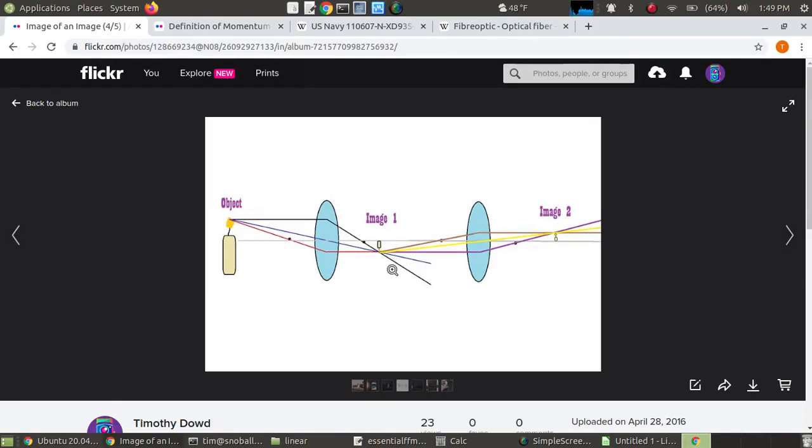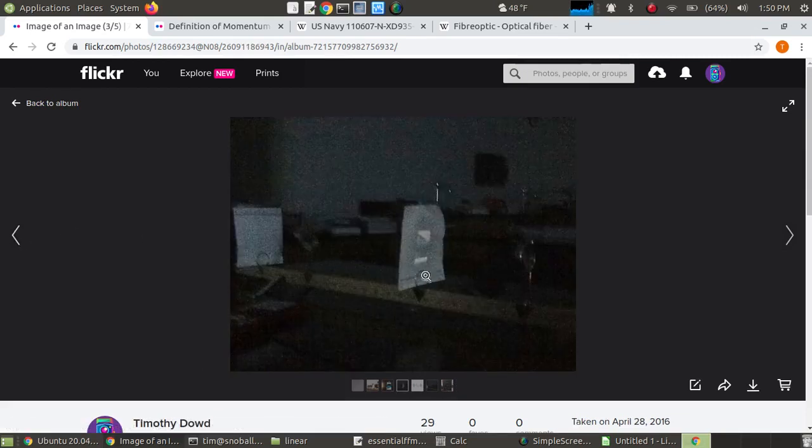This picture I think is interesting because it shows something else that's really cool about images. This image, because the light from the object has reconverged here, it can actually be the object for a second lens. So I can show you that in real life. This is an image of the lock screen of an old phone I had, and you can see it's projected onto this screen.